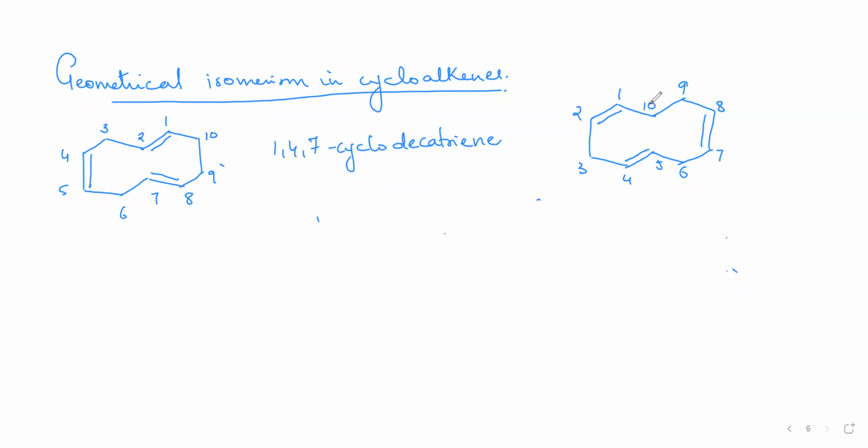Name this one, the other one. Yes, this is also 147 cyclodecatriene. Now, what is the difference between these two? They are geometrical isomers. I'll show you how.